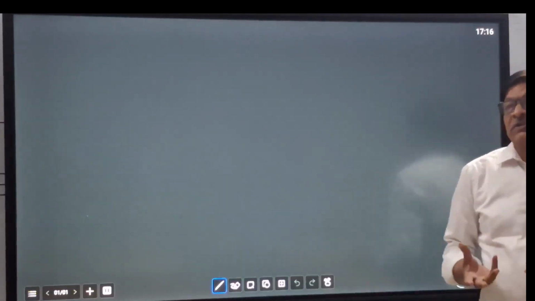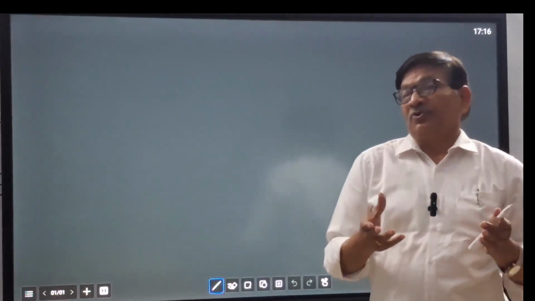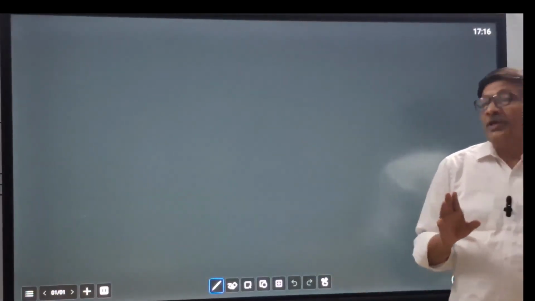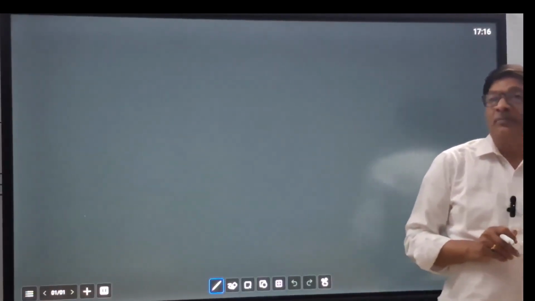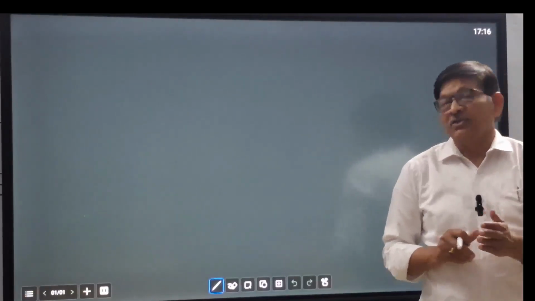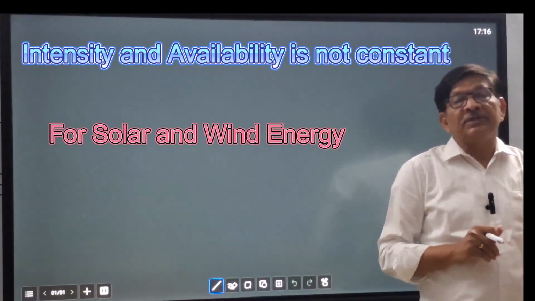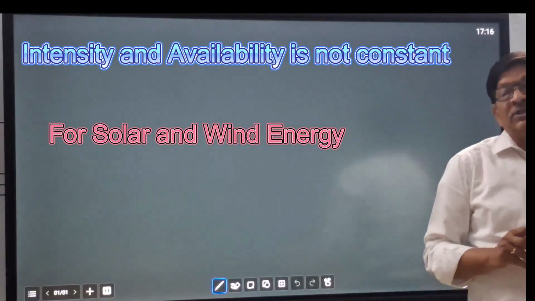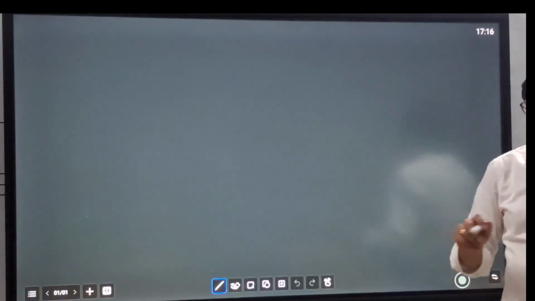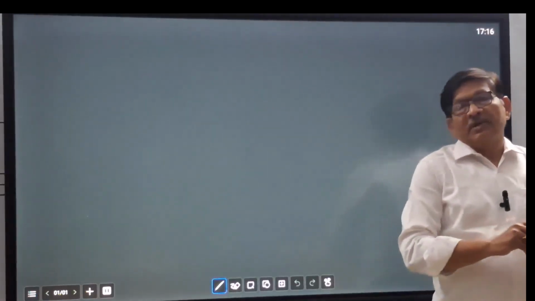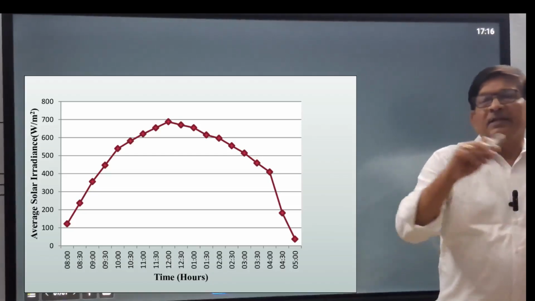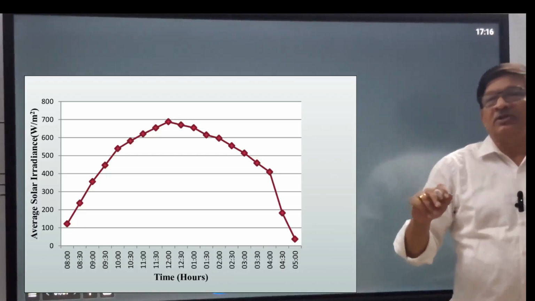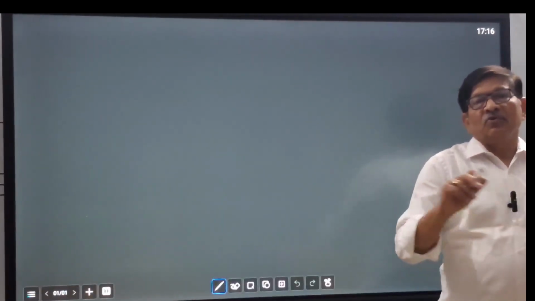But why is energy storage required? In both cases, whether we are using photothermal mode or photovoltaic mode, we have to store it because we know that energy available from solar or any other source is not continuous and does not have fixed intensity, or you can say the power density varies with time. For example, from sunrise to sunset, from 6 a.m. to 6 p.m., there is a variation, and we get the peak value of solar intensity between 12 p.m. to 2 p.m., and in the start time it is varying.